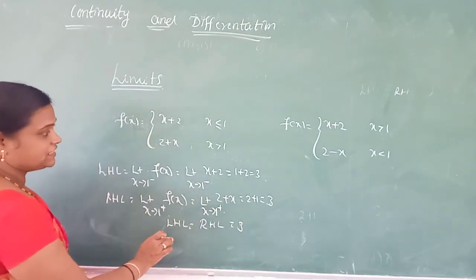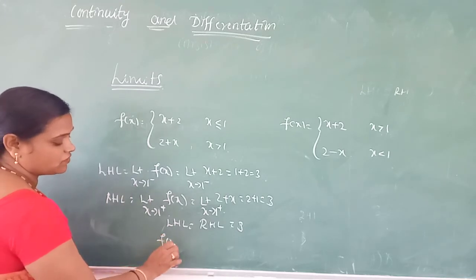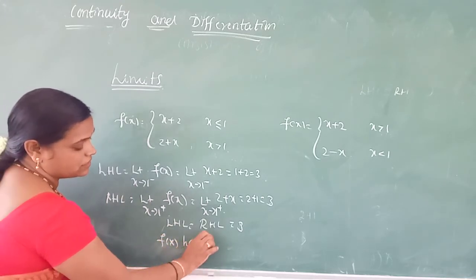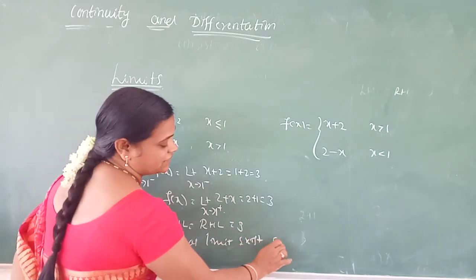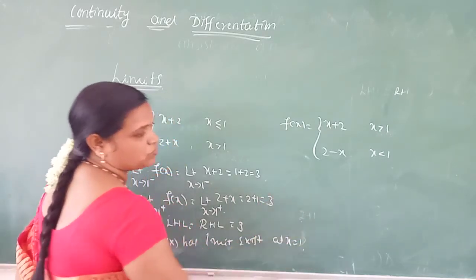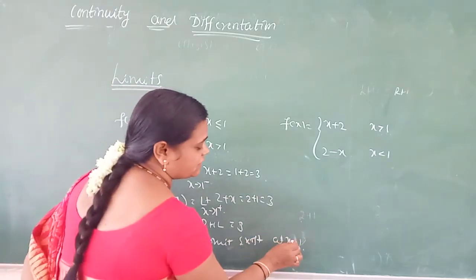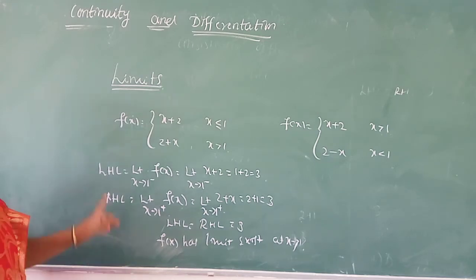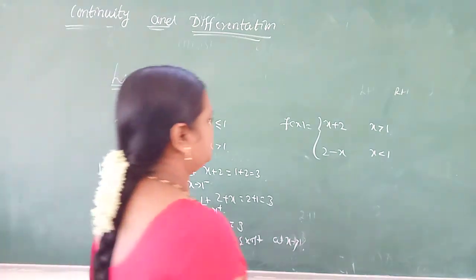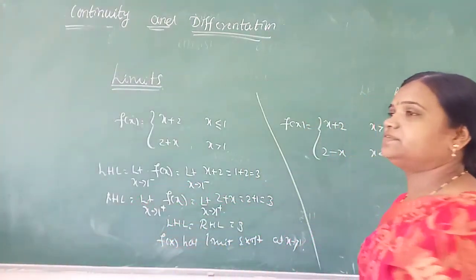Then we say that the limit of f of x exists at x equal to 1, as x is nearer to 1. The limit exists.